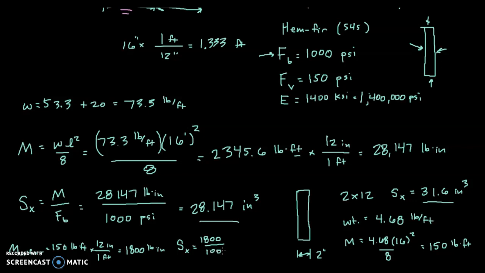And so the additional section modulus needed because of the self-weight would be 1,800 divided by the allowable bending stress of 1,000. So that's only an additional 1.8. If I add that back into the section modulus that's required due to the floor loading, let's just round that up to 28.2 plus 1.8 gives me a total of 30.